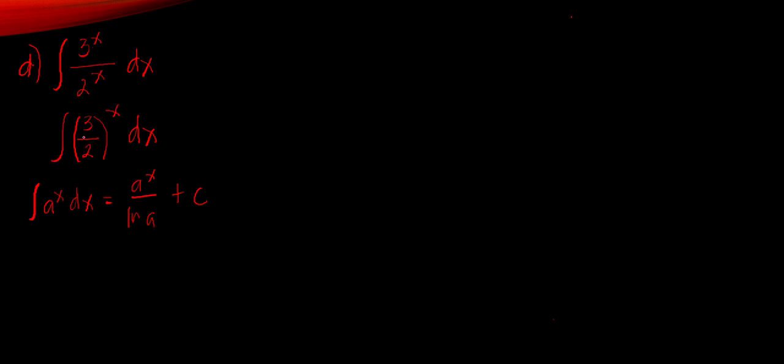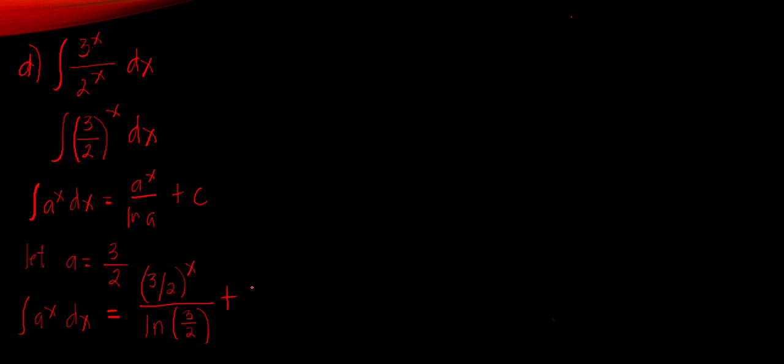So, we can let A be equal to 3 over 2. So, it will become like this. The integral of a raised to x dx is equal to, our a is 3 over 2. So, this will be 3 over 2 raised to x over ln of 3 over 2 plus C.